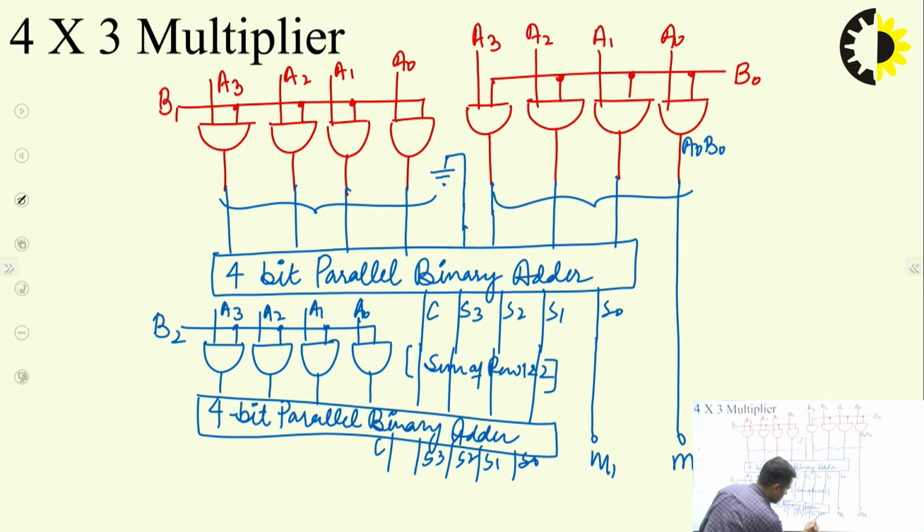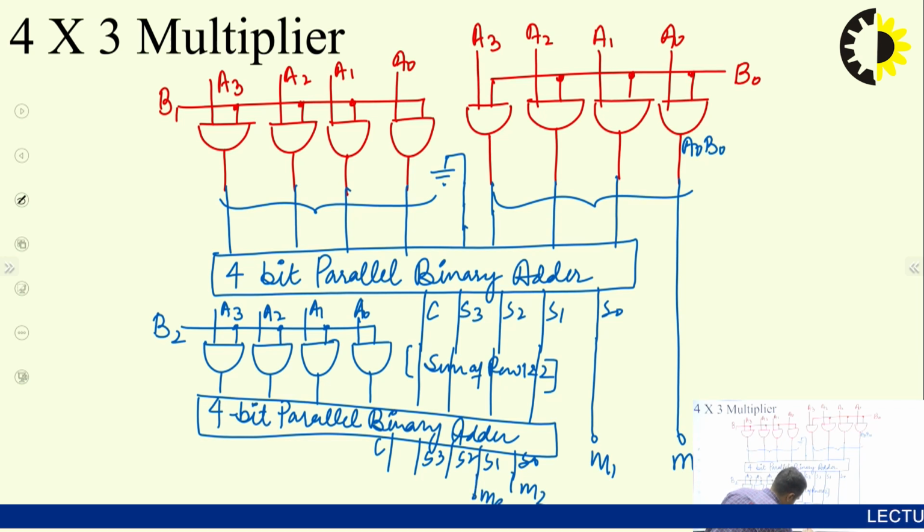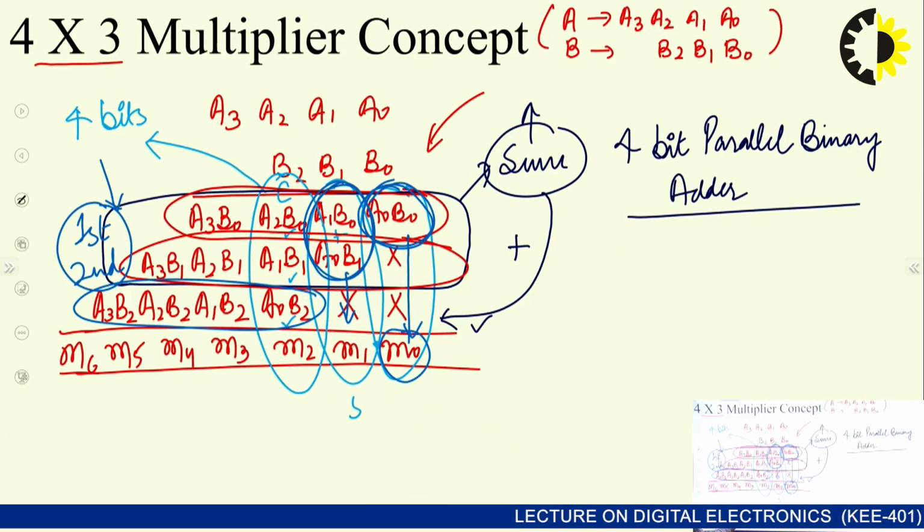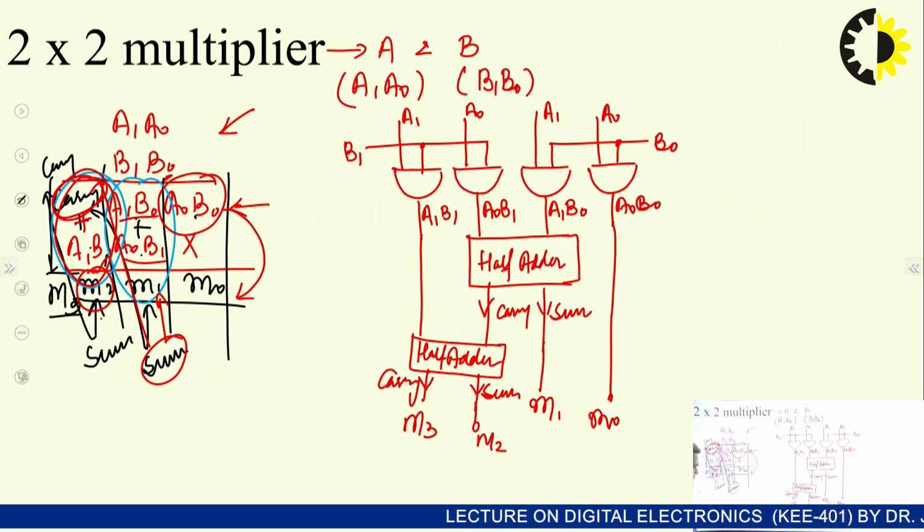So we can denote these as M2, M3, M4, M5 and M6. M6 is the maximum limit.